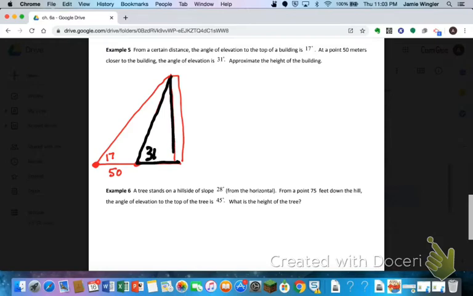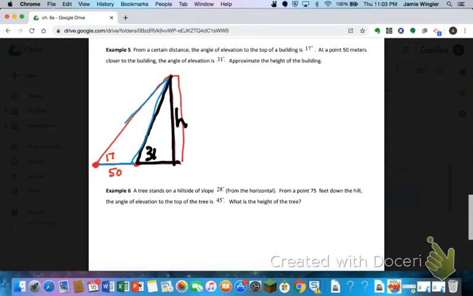So we have a triangle over here, and then we have a triangle on the left. We are trying to find the height of the building, so we want to know that distance here. The given side, which was 50 meters, is in this triangle on the left.